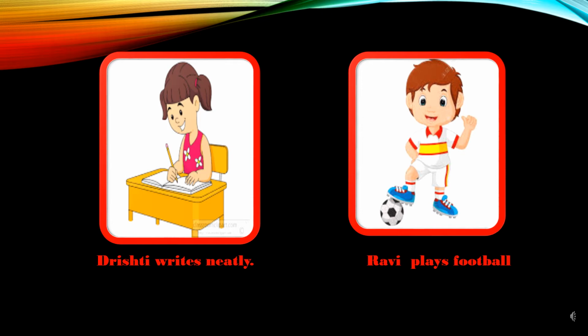I have added s to it because we are talking of a single person. Drishti writes neatly. Next picture is Ravi. Ravi plays football. Now, Ravi is the name of one boy, and what is the action that Ravi does? The action is plays football.